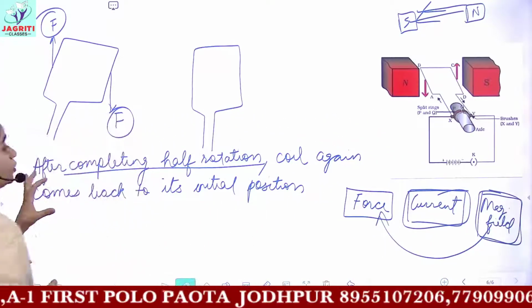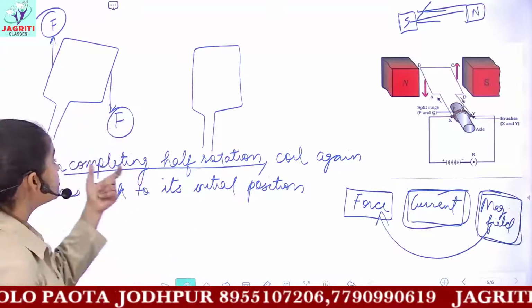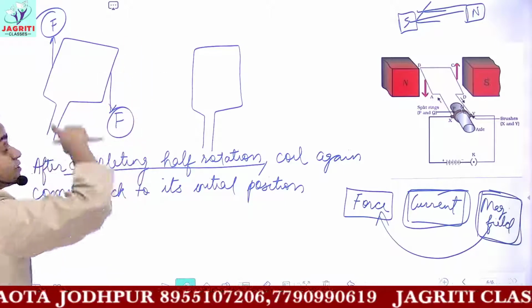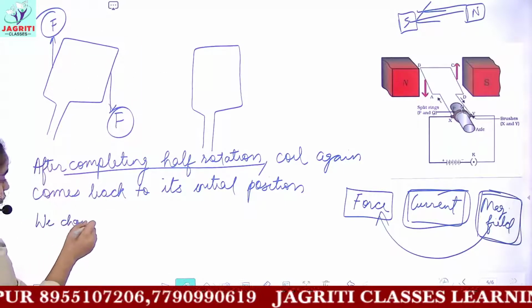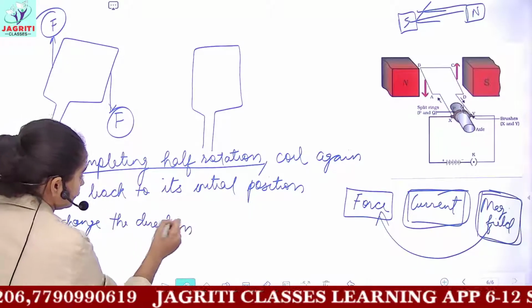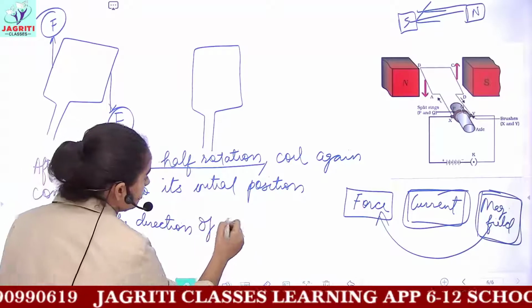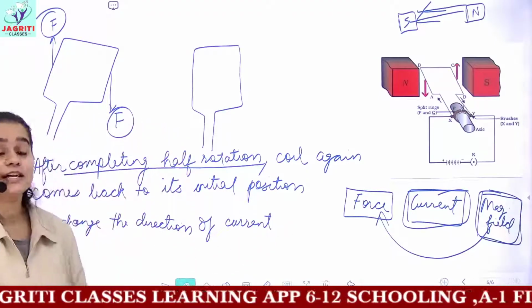So we need to change the direction of forces acting on the coil because we need the coil to continue its rotation. For this, what we do is, we change the direction of current flowing through the conductor. And how can you change the direction?